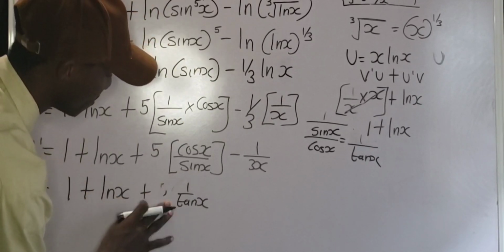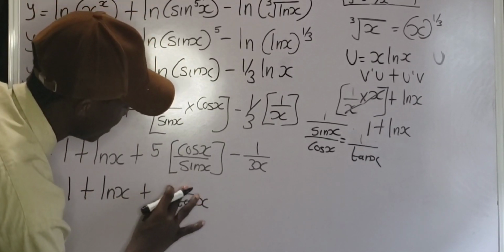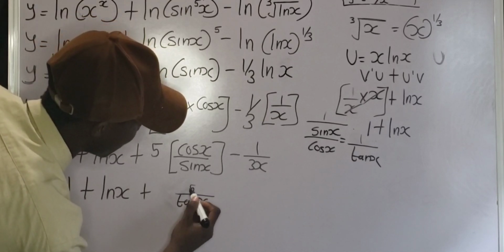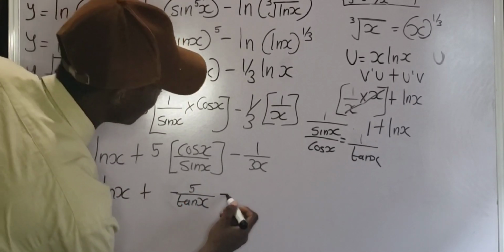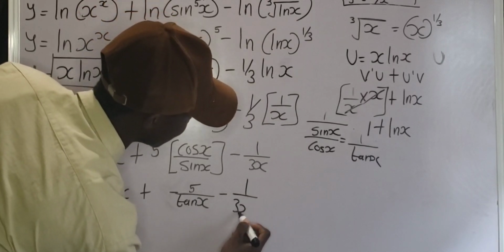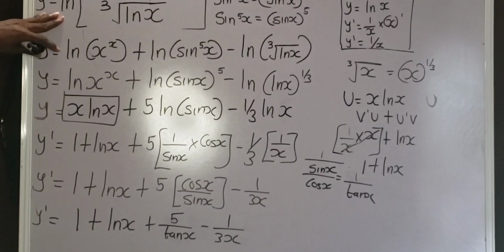So for this I'm going to have 5 over tan x, okay? So I'm going to have 5 over tan x minus 1 over 3x. So the derivative of this function is this. Do you understand? Okay, let us proceed to the next question.